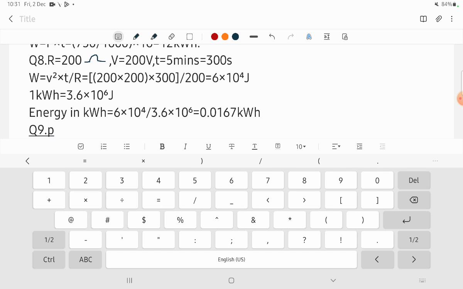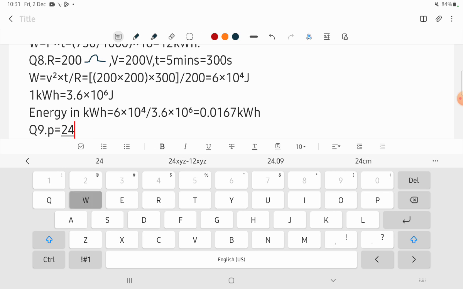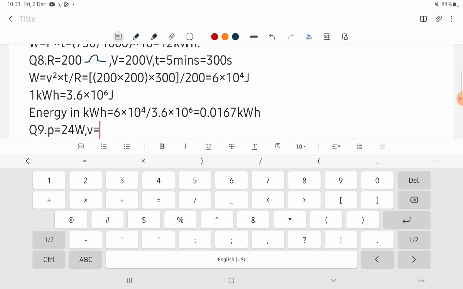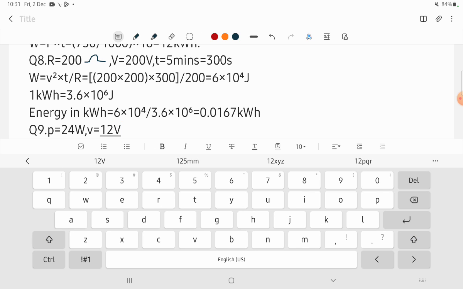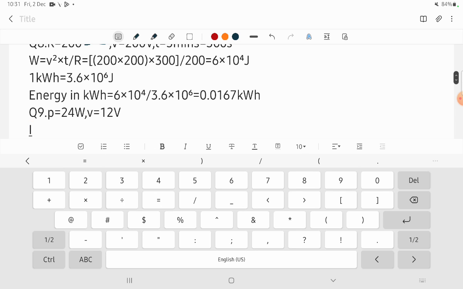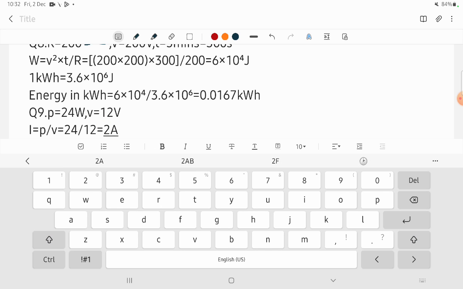So write down P equals to 24 watt and V equals to 12 volt. So current drawn will be I is equal to P by V, that is 24 by 12, that is equal to 2 ampere current drawn.